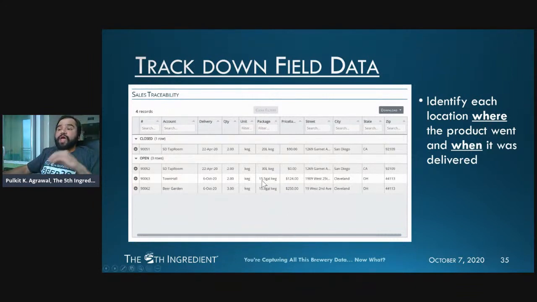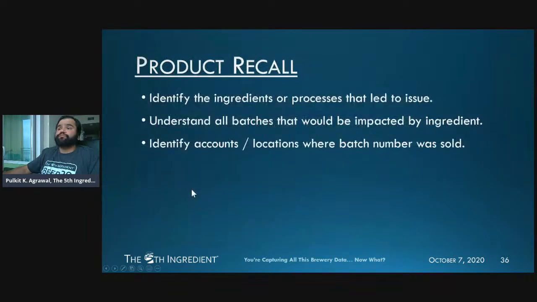And now I know that for this particular batch, brand and batch, I had 2 kegs that went to tap room on April 22nd, 2 kegs that went to them again on April 22nd on a different order, town hall, beer garden, etc. And I can start seeing exactly the full distribution scope of San Diego, Cleveland, and more importantly, when it was delivered, right? And so this becomes great to understand just where those batch numbers went and when they were delivered.